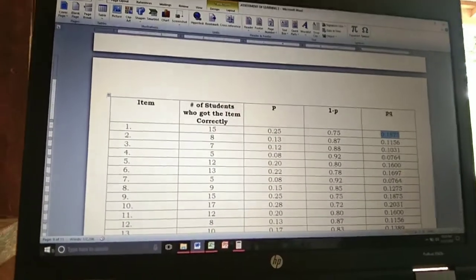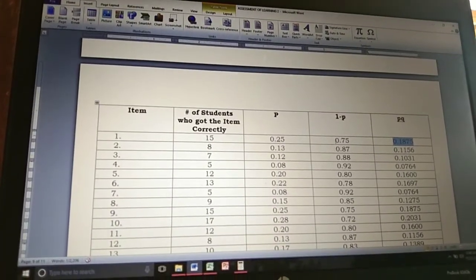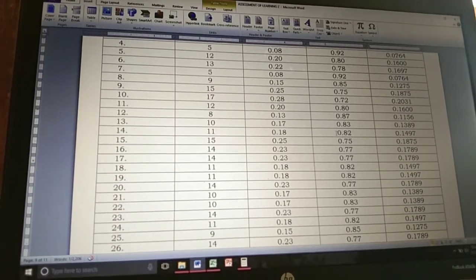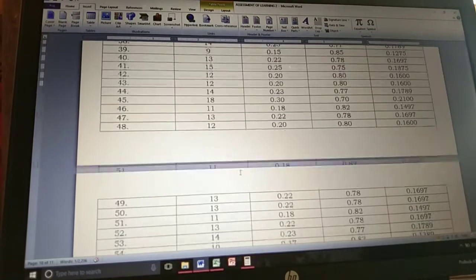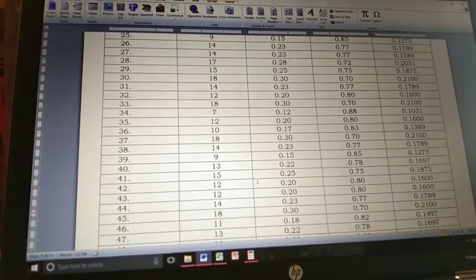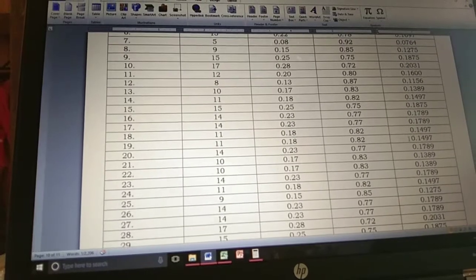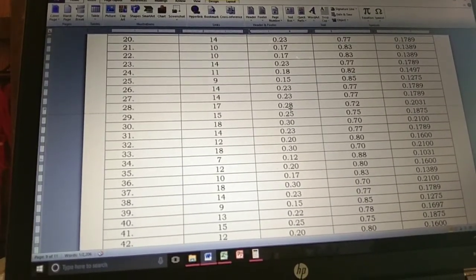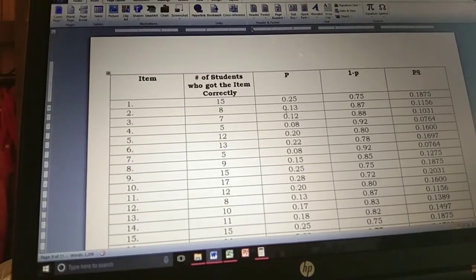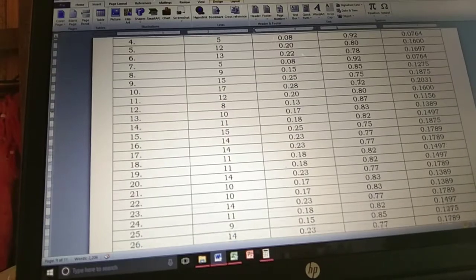Okay, mahaba-haba to siya guys, so you can use the spreadsheet para mas madali. Okay, ito na yung summation ng PQ. So ito yung summation ng PQ. Ito hindi na natin ito kailangan. Itong P and 1 minus P.